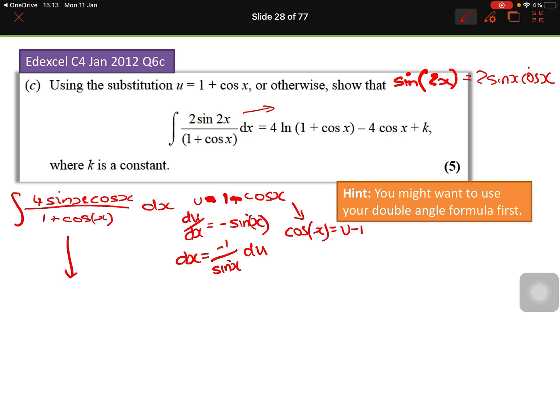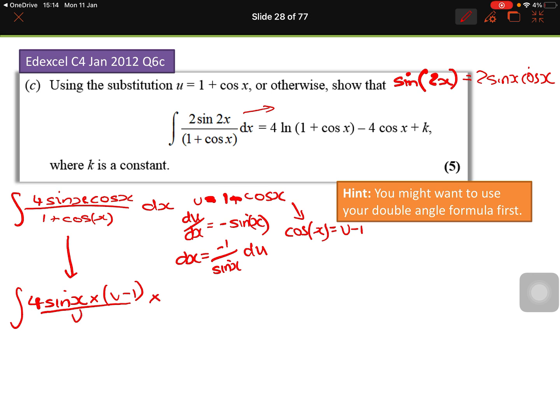Substitute my two parts in. So this now becomes the integral of 4 sine x. I don't have something for sine x yet, so I am just going to leave it as sine x. Cos x, I know, is u minus 1, over 1 plus cos x, which I know is u.